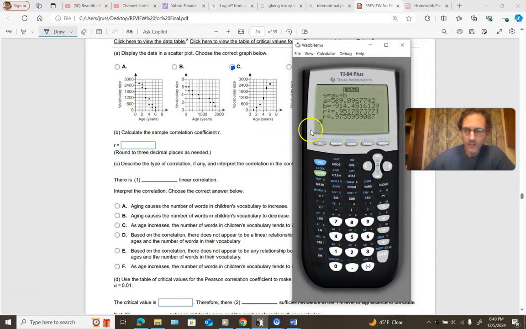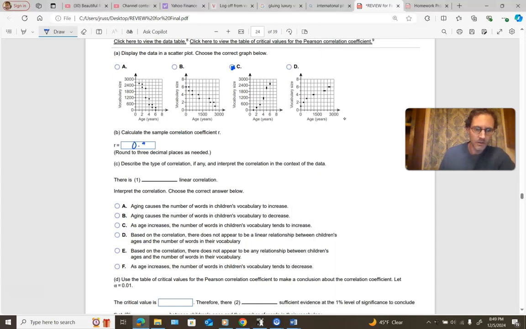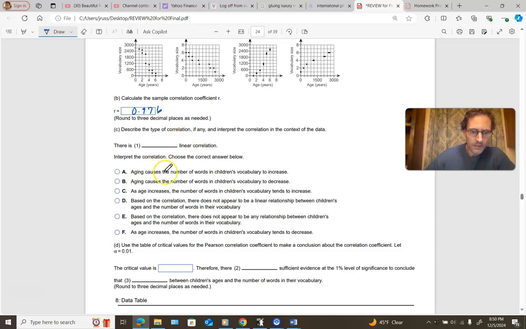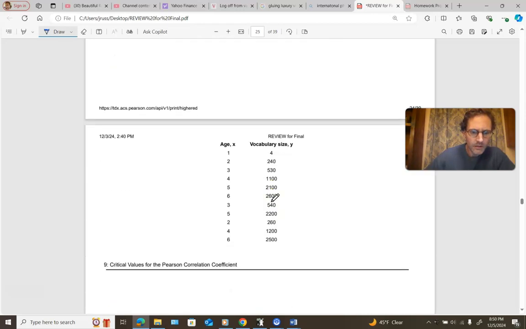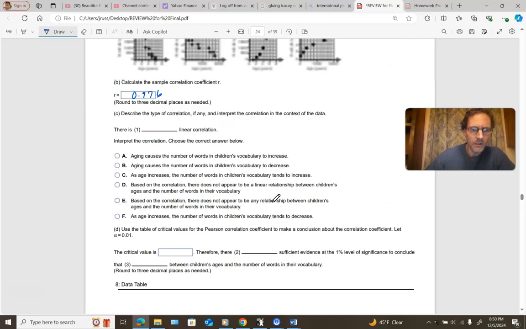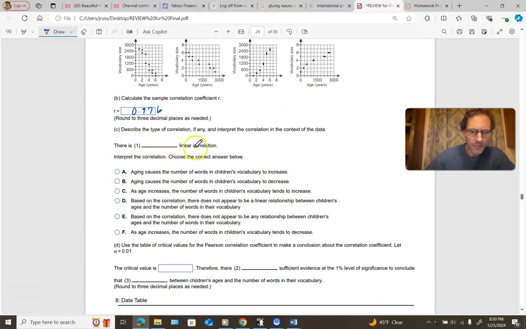Okay, so to 3 decimal places, this would be 0.9976. And then as far as there is a, let's see. Okay. There is blank linear correlation.